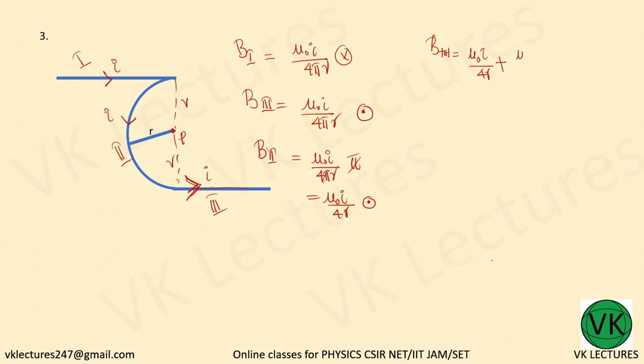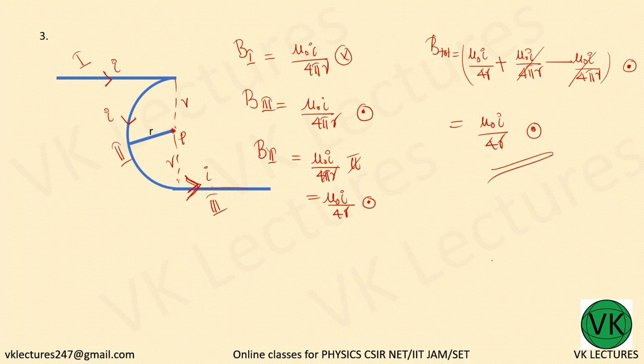The third one, mu 0 I by 4 pi r, then minus another direction is there, mu 0 I by 4 pi r. So this is the net magnetic field, and first we have taken outward direction. These two will get cancelled, so the resultant will be mu 0 I by 4r in the outward direction.